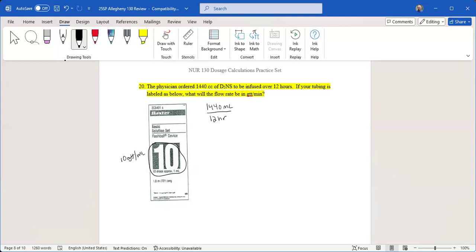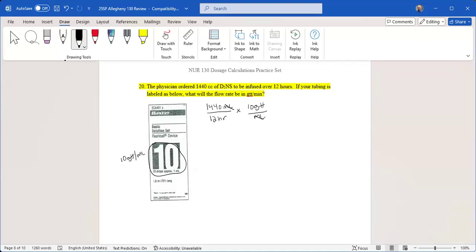So a couple things. I'm going to show you the common way I think many students work through this. They usually will just follow what I just showed, which is the 10 drops per milliliter. They'll get drops, but then they'll have drops per hour, and we don't want that per hour there.